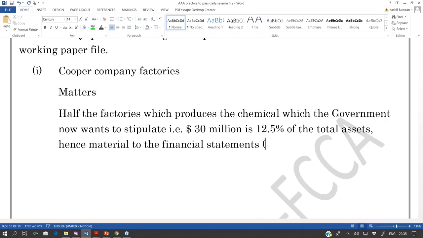And that's where I am scoring my first 1.5 marks. So you comment on the materiality of half the factories. Half the factories is 12.5% of the total assets, and that is material to the financial statement. Straight away, I score my 1.5 marks as per the new marking scheme.